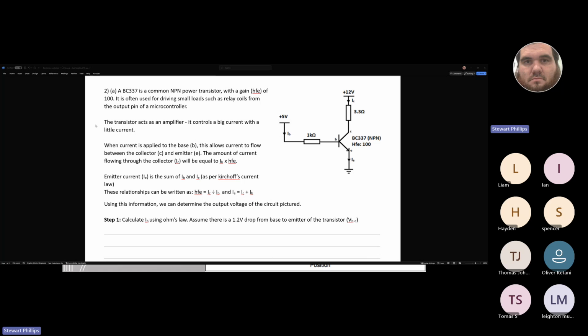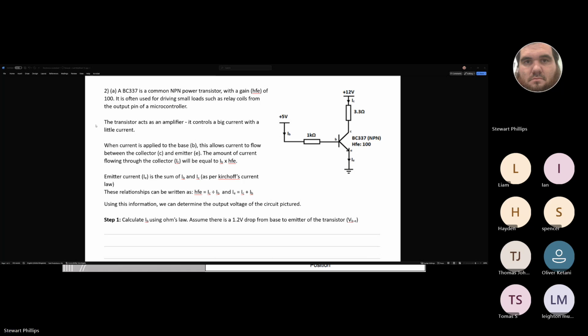When current is applied to the base, B, this allows current to flow between the collector, C, and the emitter, E. The amount of current flowing through the collector, IC, will be equal to IB times HFE.